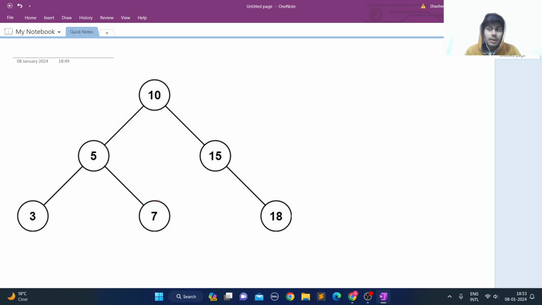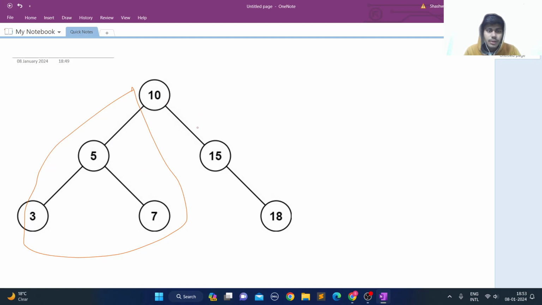But look whether 7 is less than 10 or not, because after all, just look into the bigger picture. Yeah, it is situated on the left hand side of 10, and yeah, it is lesser than that. Yeah, it is following. Let's look at 5 on the left, and then look at the left hand side of 5. You will see 3, and 3 is less than 5, so it is following the binary search tree properties.